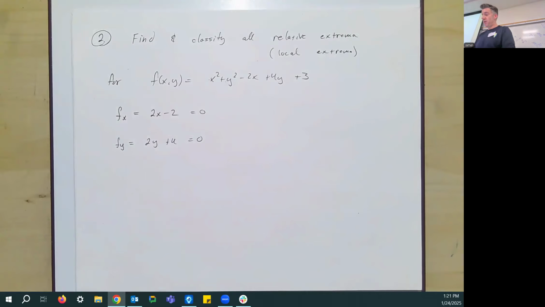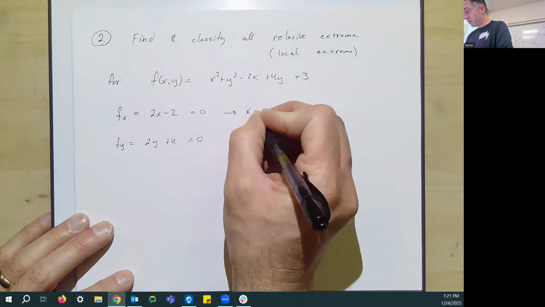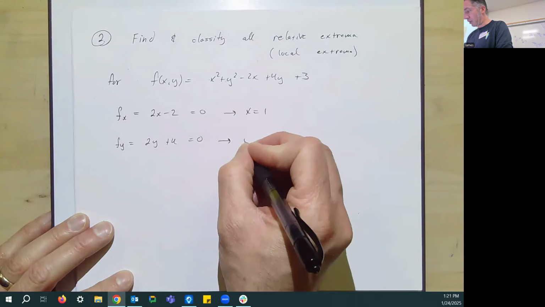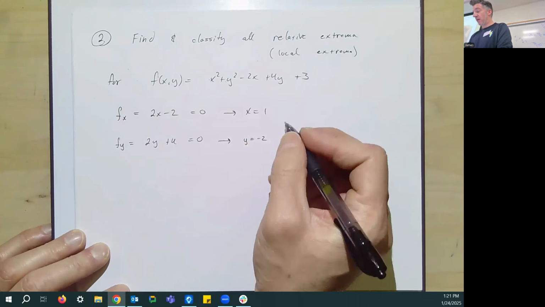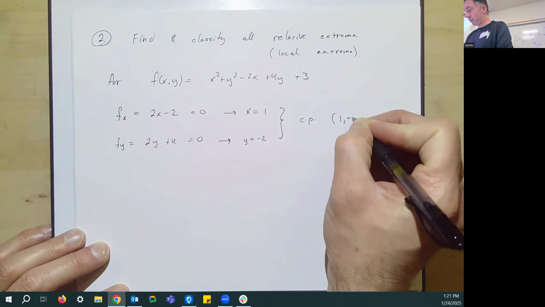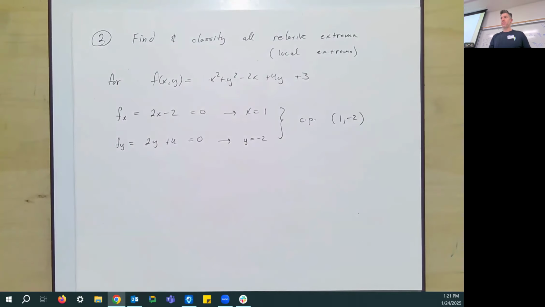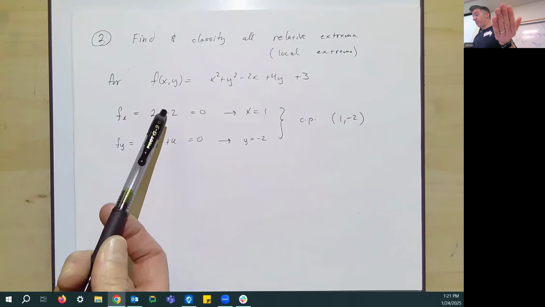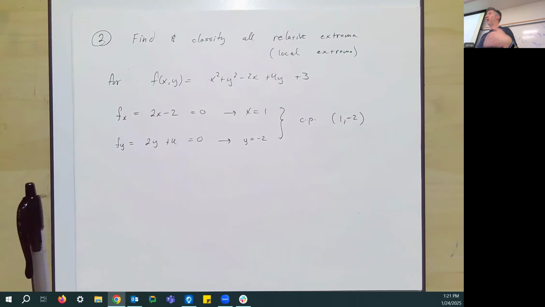We're just going to get x equal to 1, and we're going to get y equal to negative 2. So we have one critical point. The critical point is the point 1 comma negative 2. And if you look, that critical point where x is 1 and y is negative 2 makes both of these partial derivatives equal to 0 at the same single point. Cool.